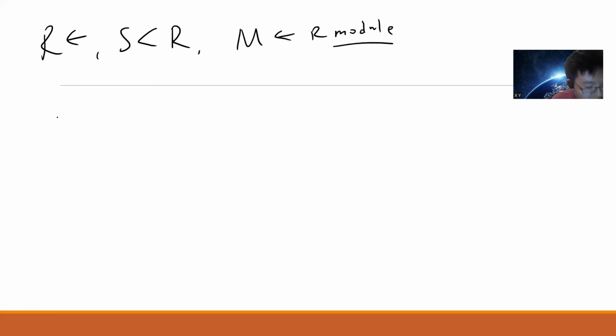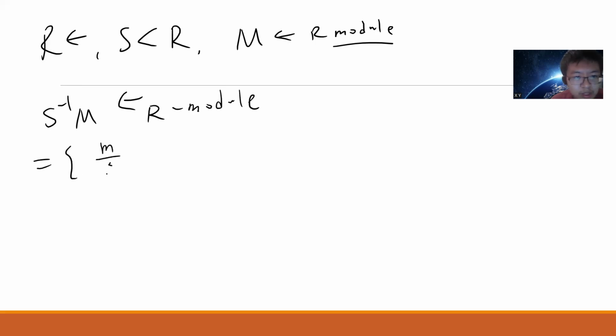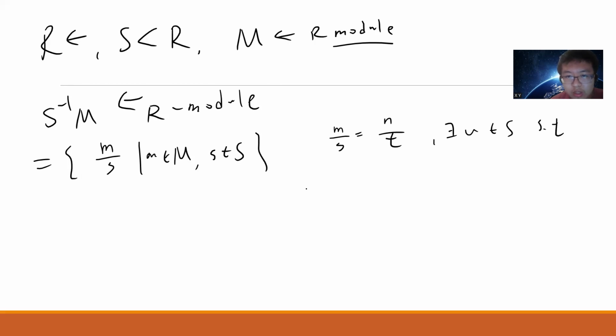So R is a commutative ring with identity, S is a multiplicative subset of R, and let M be an R module. We write S inverse M, which is also an R module, defined to be the set of m divided by s, where m belongs to M and s belongs to S. The same thing: m/s is the same as n/t if there exists u belonging to S such that (mt - ns)u is 0.